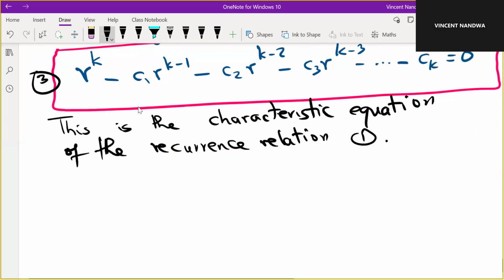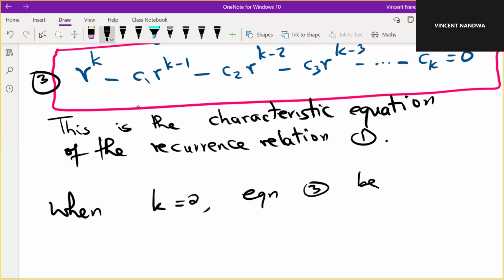So I'll pick a smaller case of k. When k is 2, equation 3 becomes r squared minus C1 r minus C2 equals 0.